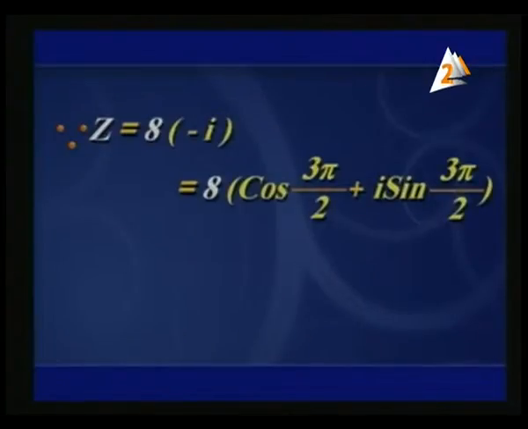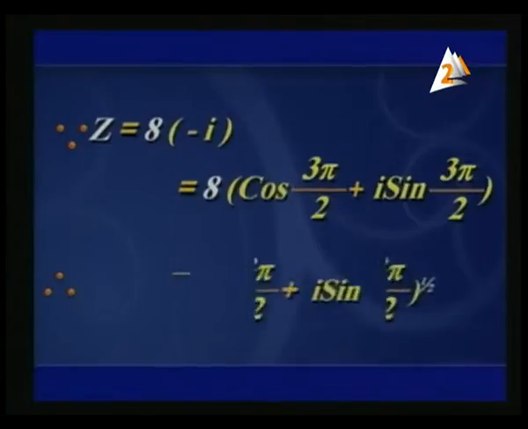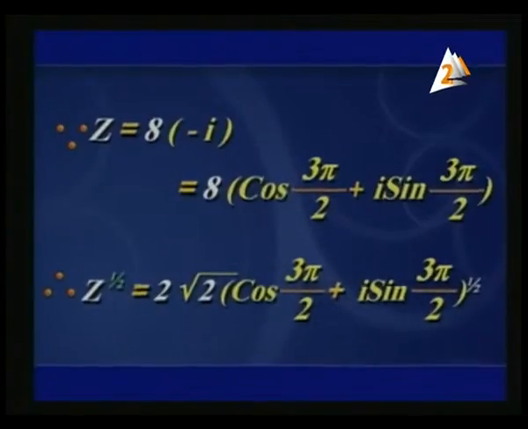z equals 8 times negative i equals 8, and negative i means cosine 3 pi over 2 plus i sine 3 pi over 2. So z to the power half equals 2 root 2, which is the square root of 8, times cosine 3 pi over 2 plus i sine 3 pi over 2, all to the power half.